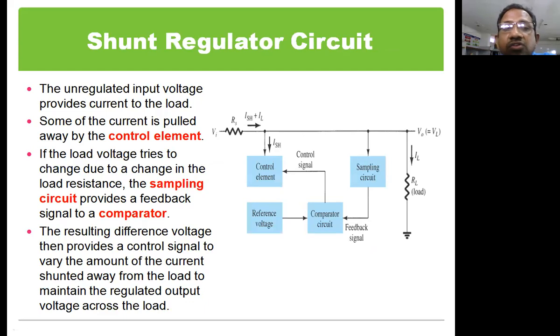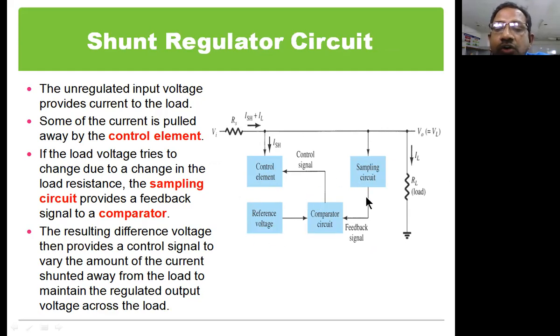The next regulator is going to be the shunt regulator circuit. If the control element comes in shunt to the load resistance RL, then we simply call it a shunt voltage regulator circuit. Here, the input current I is divided into ISH and IL. That is the reason I call it a shunt control element, shunt regulator circuit.